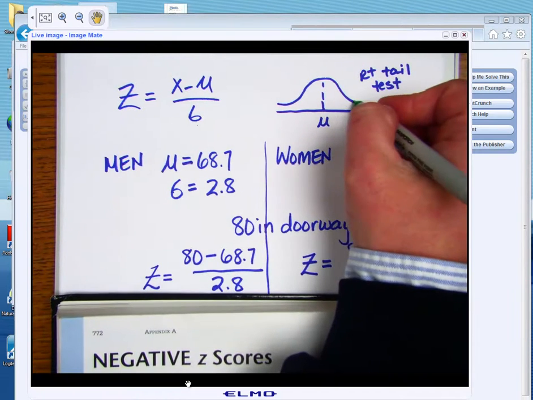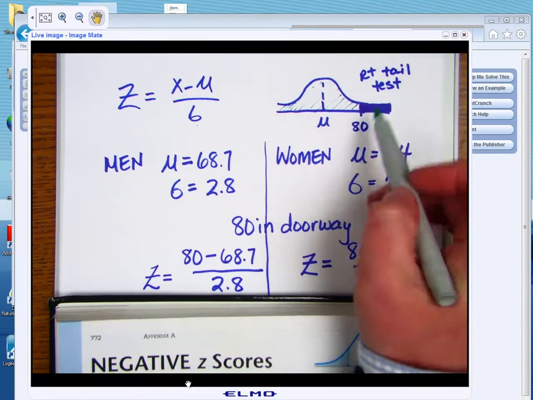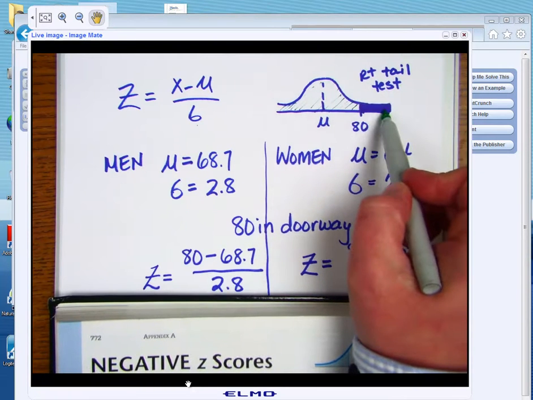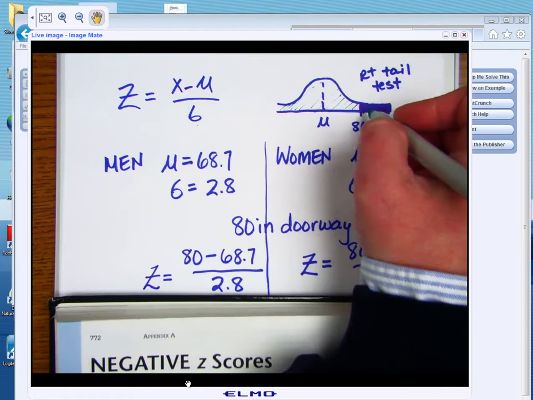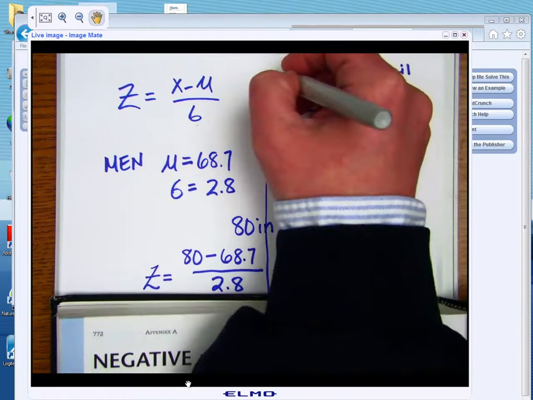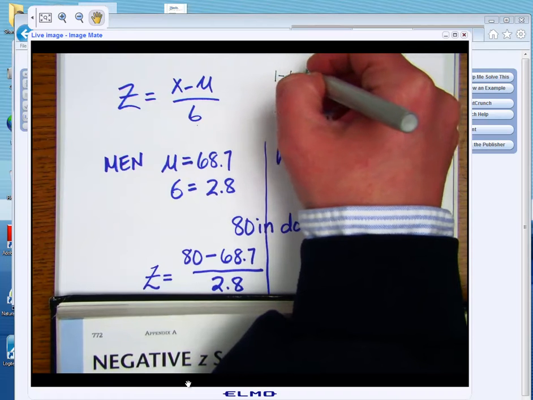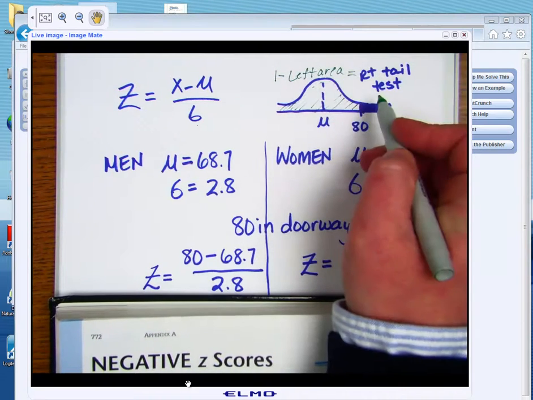They always give me the area to the left. So the z table is going to give me the area in here. But I'm looking for the area on this side. Remember that the entire area under the curve is equal to 1. So in order to get the area to the right, I'm going to take 1 minus the left area, and that will give me the right area.